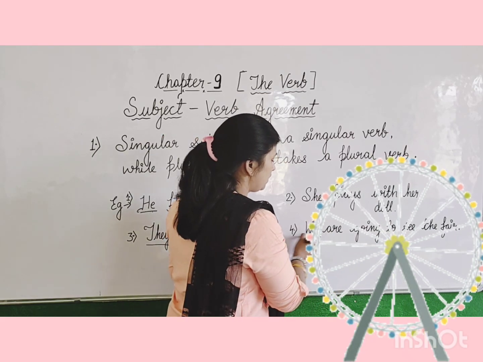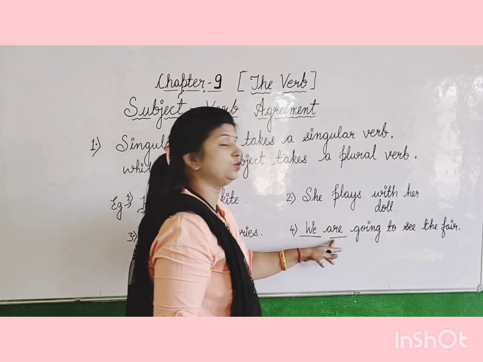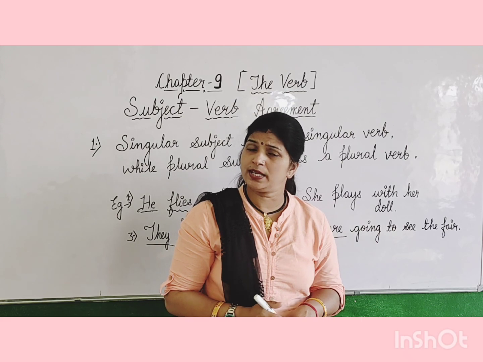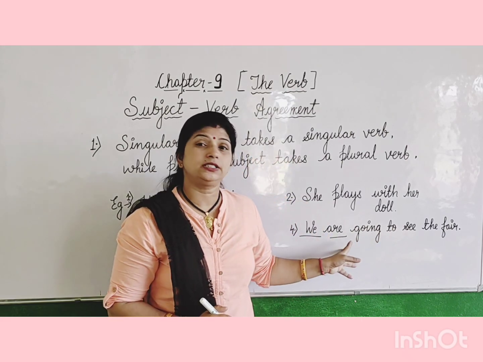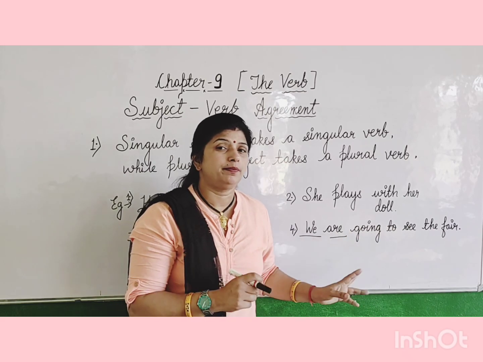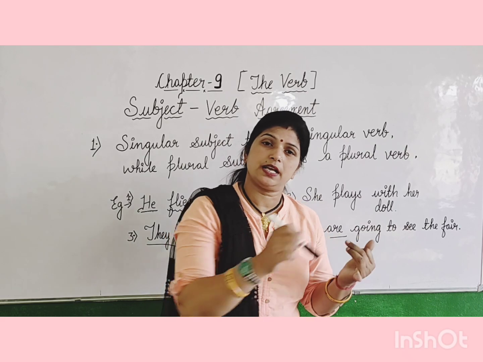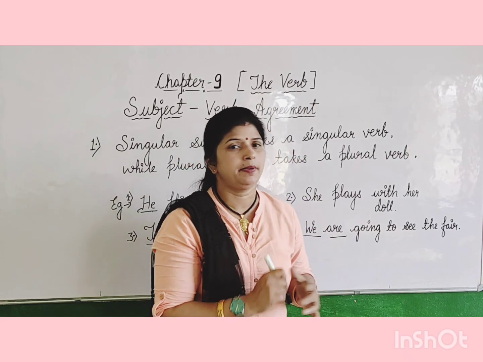So with this plural subject, a plural verb is used. That is, are is the linking verb, and are is a plural verb. So my dear students, this is clear: for a singular subject, a singular verb will be used, and for a plural subject, a plural verb.